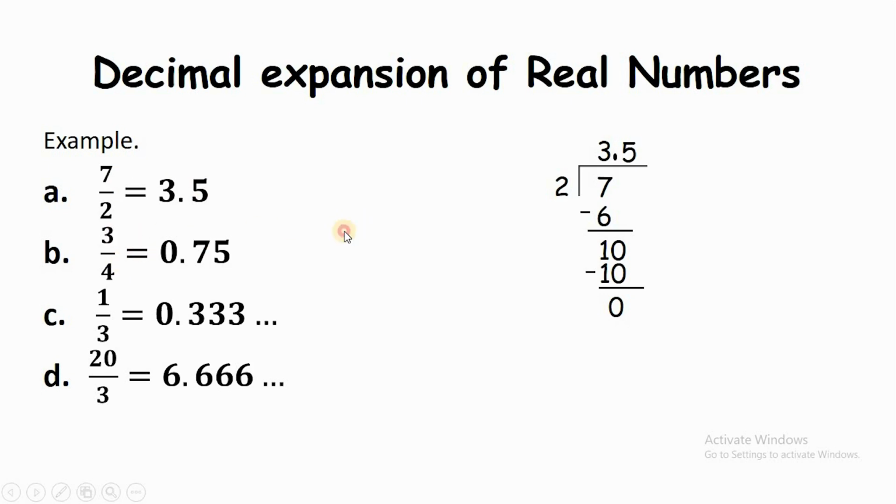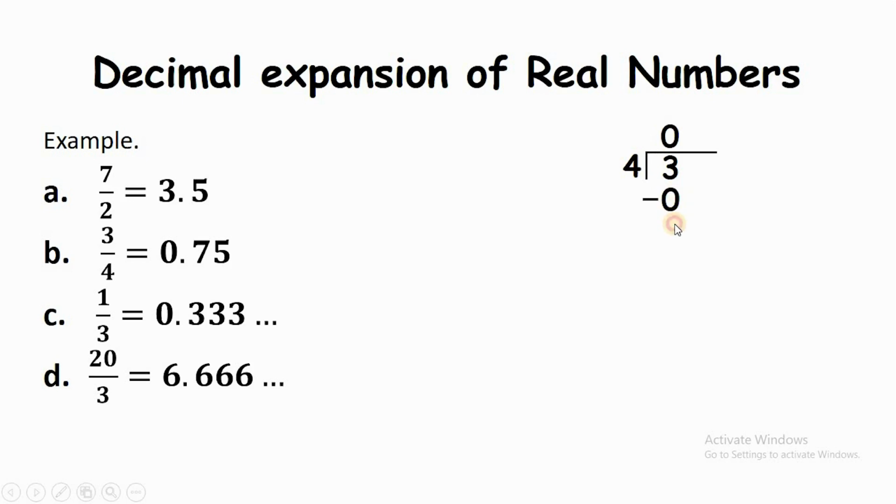Similarly, in the case of 3 by 4, we can perform the division method, that is 3 divided by 4. Please keep in mind that numerator is always the dividend and denominator is always the divisor, not vice versa. When you divide, 4 0s are 0, so when you subtract you'll get remainder 3, and then you put a point here and add a 0, and 4 7s are 28.